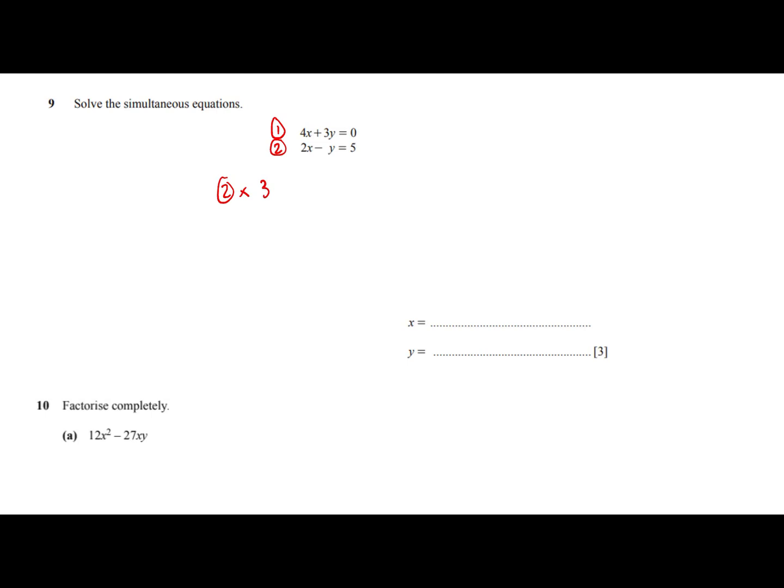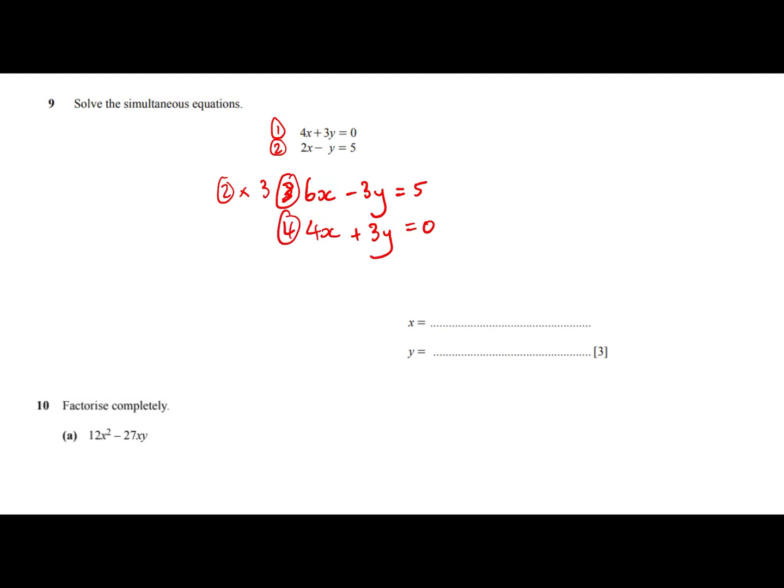So we end up with 6x minus 3y equals 5. And then keep equation 1 as 4x plus 3y equals 0. Then we label these equation 3 and equation 4.